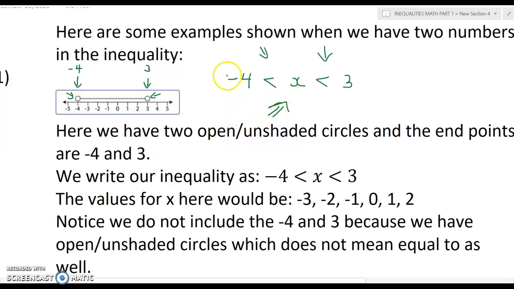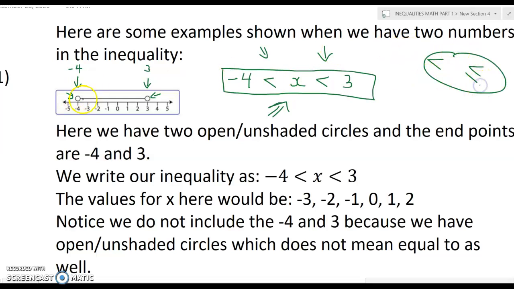Whenever you put two numbers together in an inequality, the direction, less than or less than or equal to, depends on the circle, right? Now what will be the values for x? If this is what my x values are, from -4 to 3, but there's no line underneath to say "or equal to," meaning that x is not equal to -4 and x is not equal to 3.